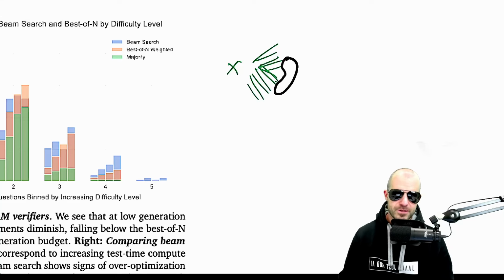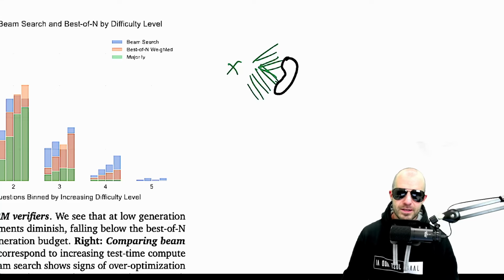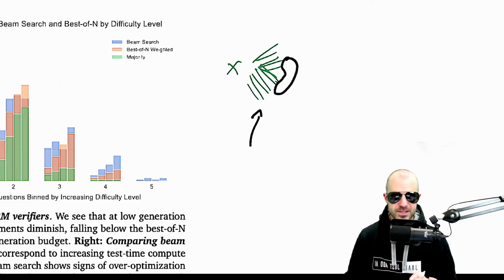The more times the LLM got it right, the easier the question is. This compute to determine the difficulty is not part of any flop estimations and so on. They just see this kind of as a given.